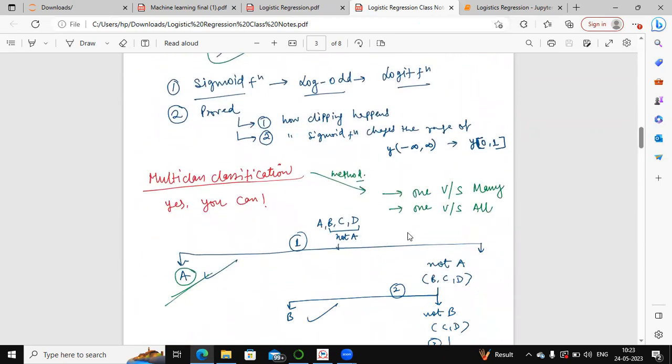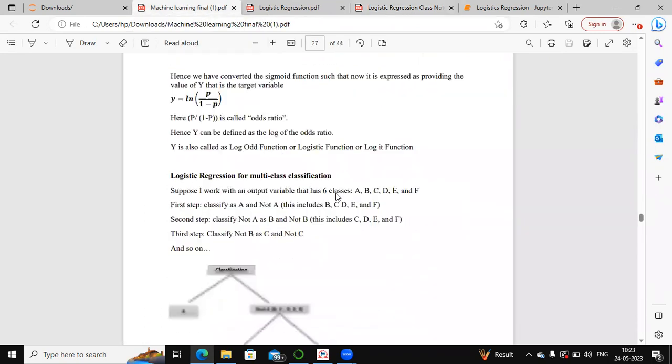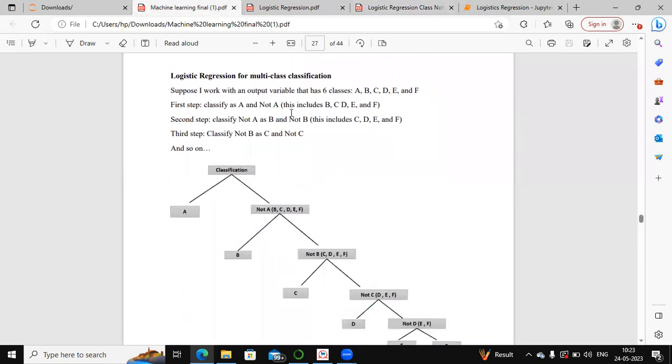Okay. So now let's discuss the concept called multi-class classification. Logistic regression for multi-class classification.